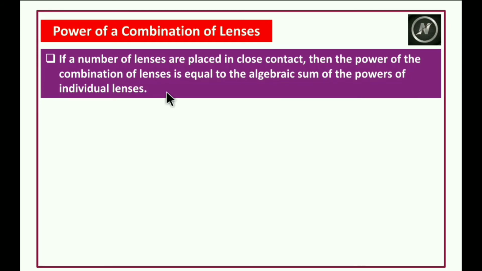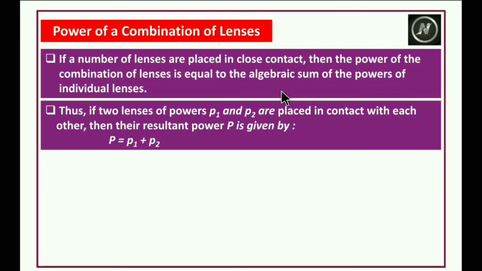Thus, if two lenses of powers P1 and P2 are placed in contact with each other, the resultant power P is equal to the algebraic sum of P1 plus P2, that means P is equal to P1 plus P2.